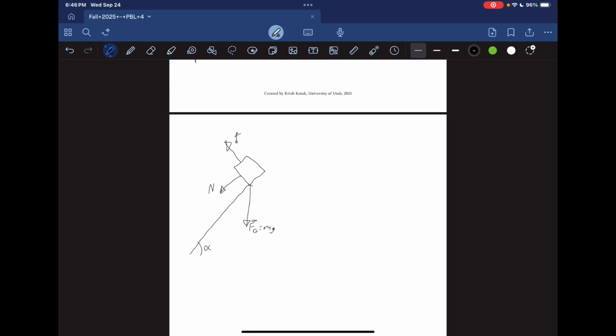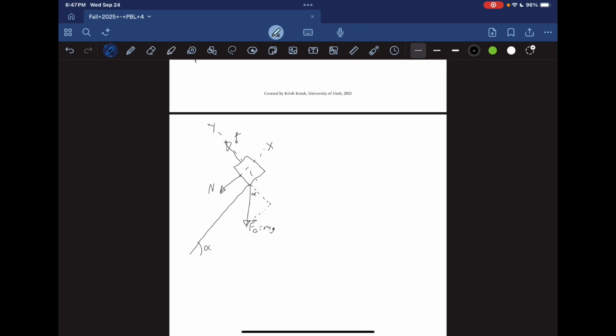So we can draw our triangle to determine the x and y components. I'm going to say that this direction is the y direction and that this direction is the x direction to more easily do my calculations. There we go, that's better. Because we know that Fg equals mg and this angle alpha is here, we know that this angle is also alpha.